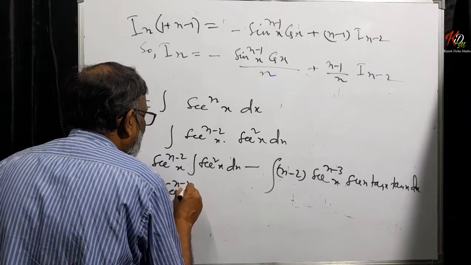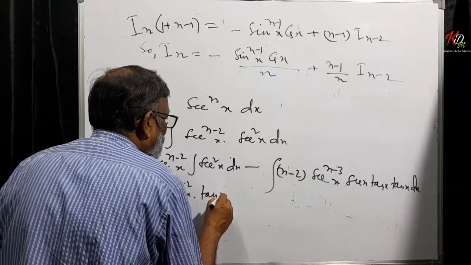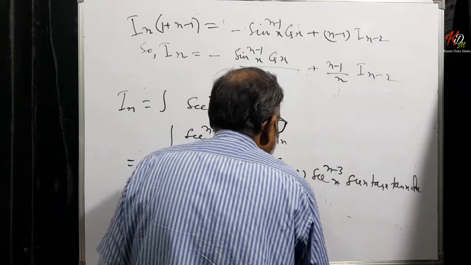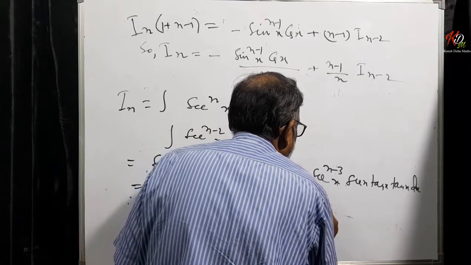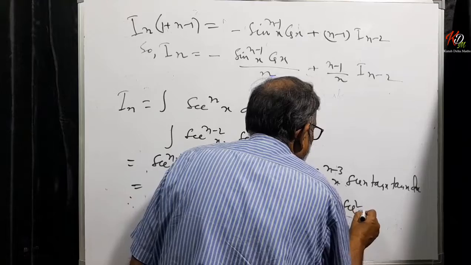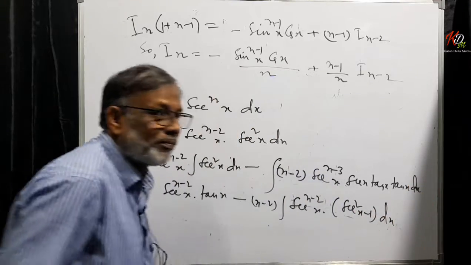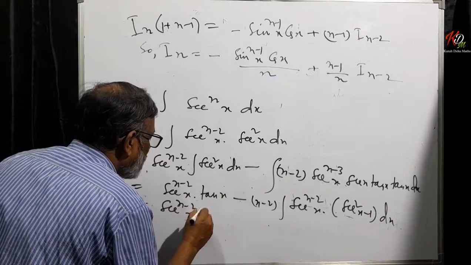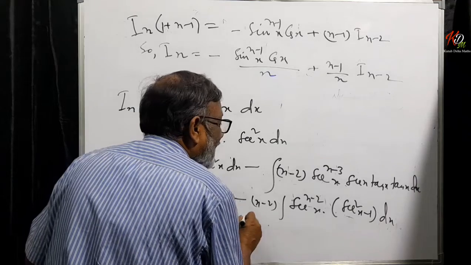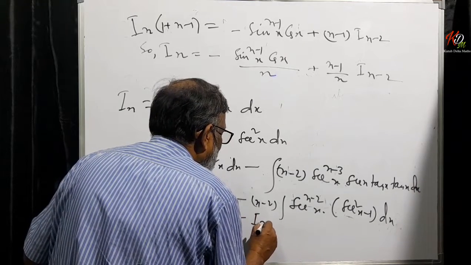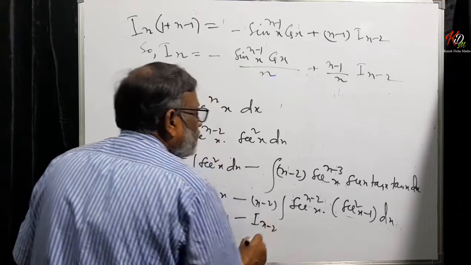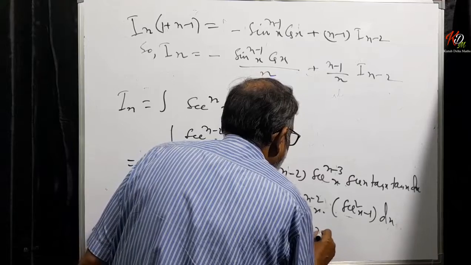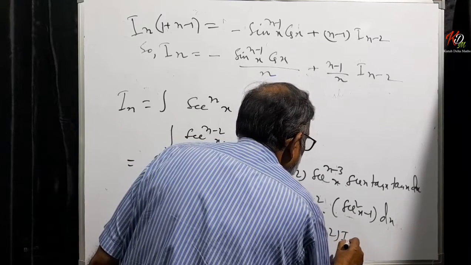Sec to the power n minus 2 x tan x minus n minus 2, sec to the power n minus 2 x, sec square x minus 1, that means tan square x. Now, on simplification, we have sec to the power n minus 2 x tan x minus I_n into n minus 2 plus n minus 2 I_n minus 2.